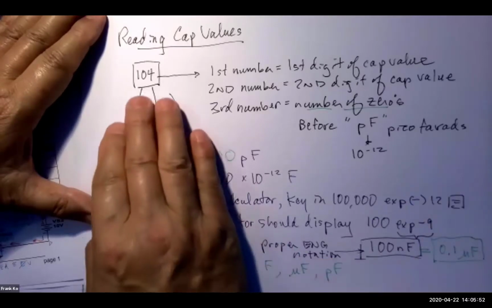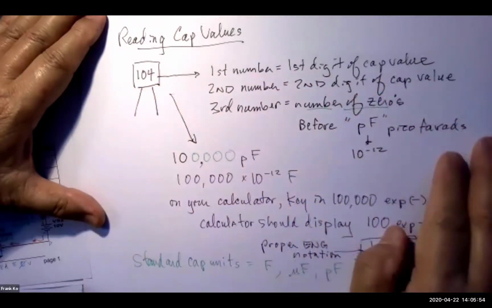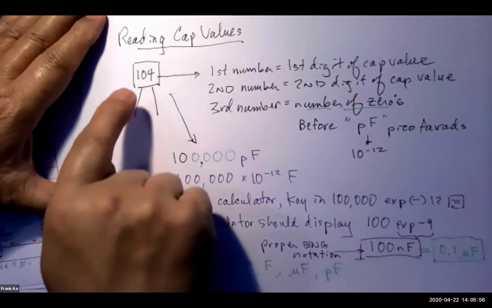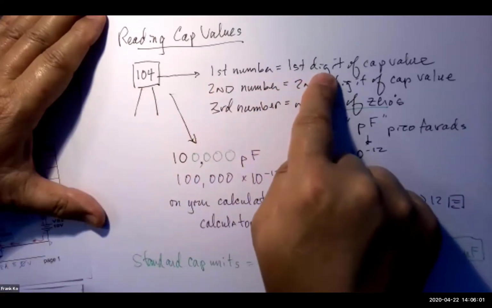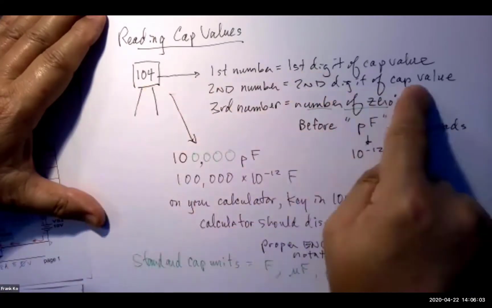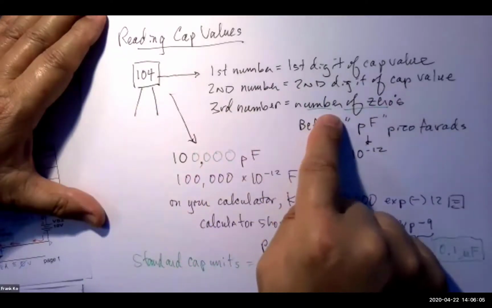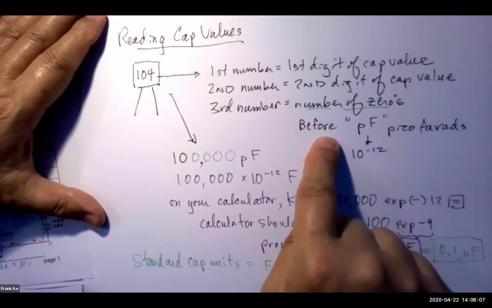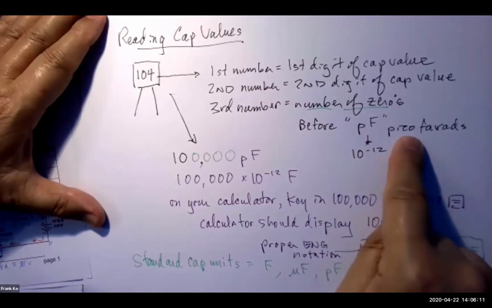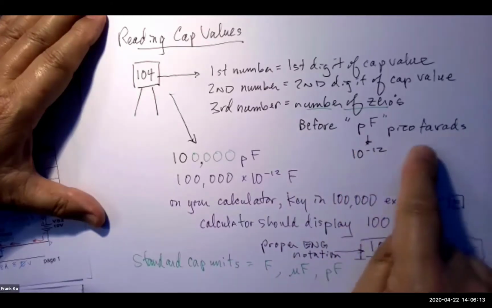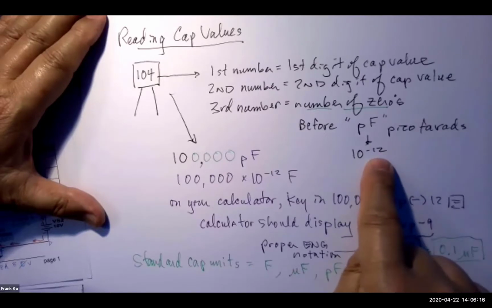So is everybody okay with the manner of how we read cap values? Whatever numbers are shown here, first number represents first digit, second number represents second digit, third number represents the number of zeros before writing down lowercase p, capital F, which stands for picofarads. And picofarads is 10 to the power of negative 12.